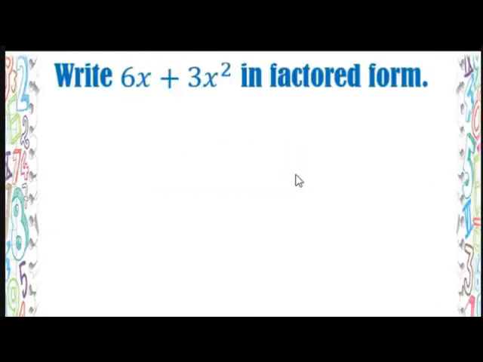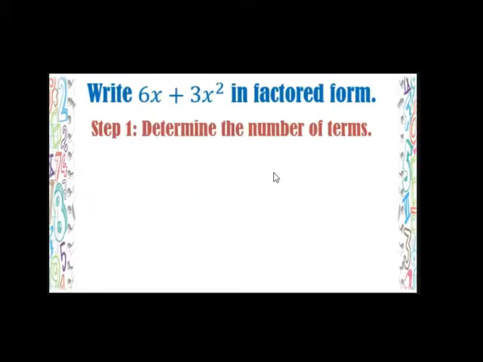Example 2. Write 6x plus 3x squared in factored form. Step 1. Determine the number of terms. If you can still remember, a term is a constant, a variable, or a combination of a constant and a variable.